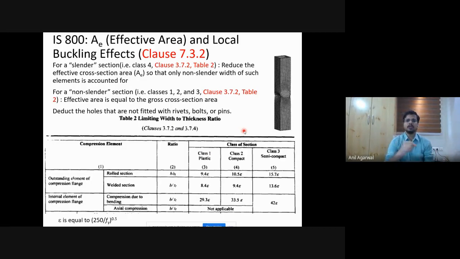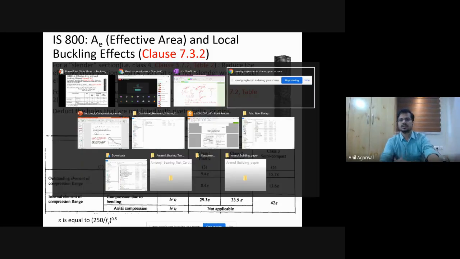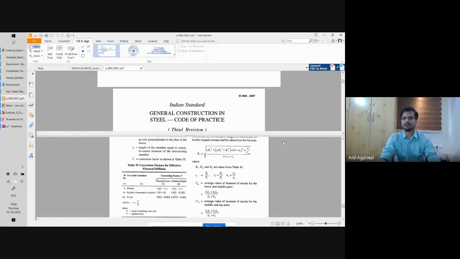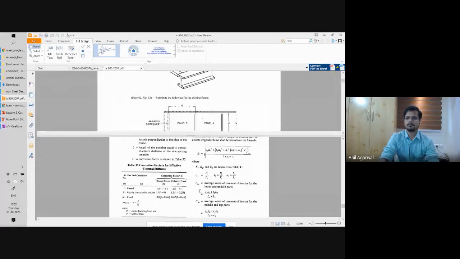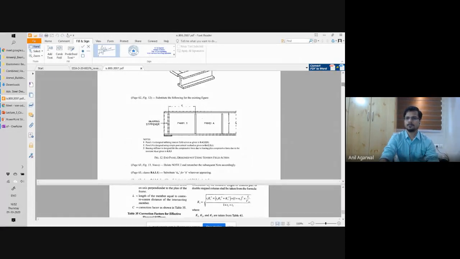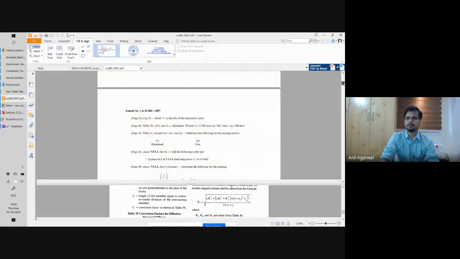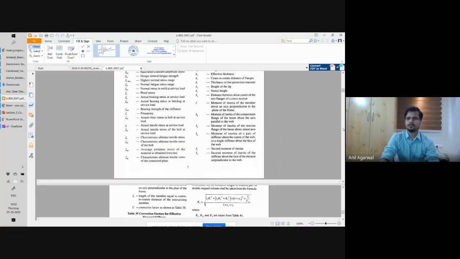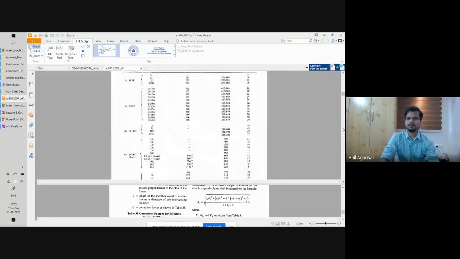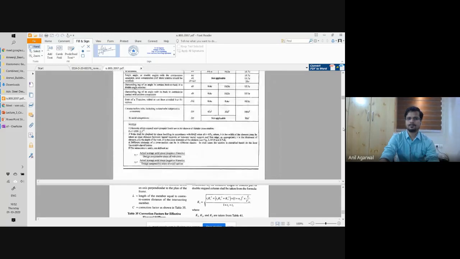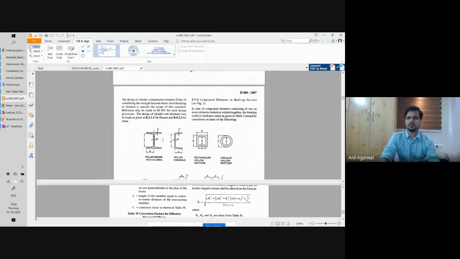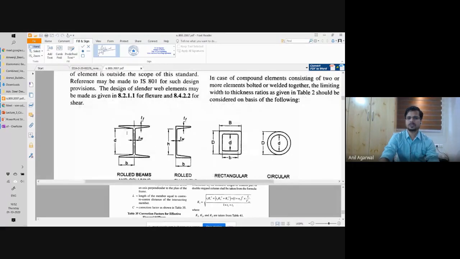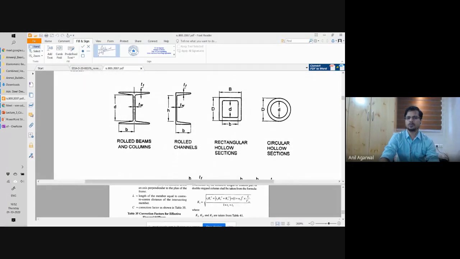So here, in Table 2 of IS 800, for different cross sections, for example an I-beam's web, it gives the definition of D and TW.